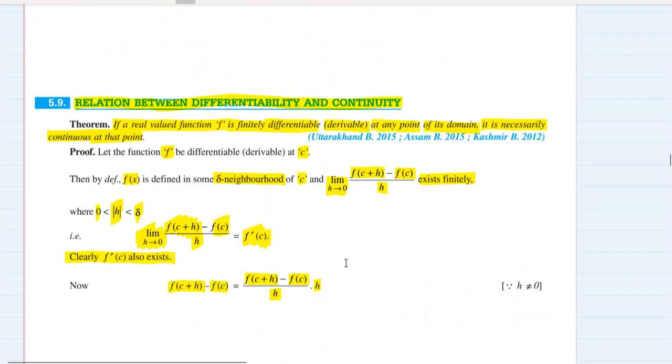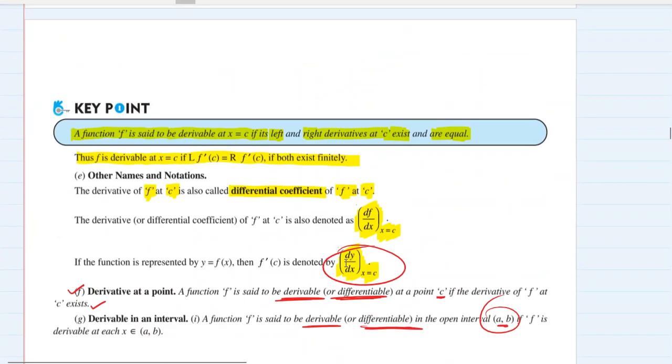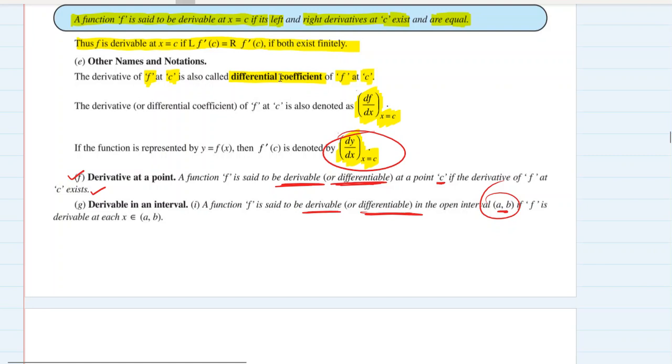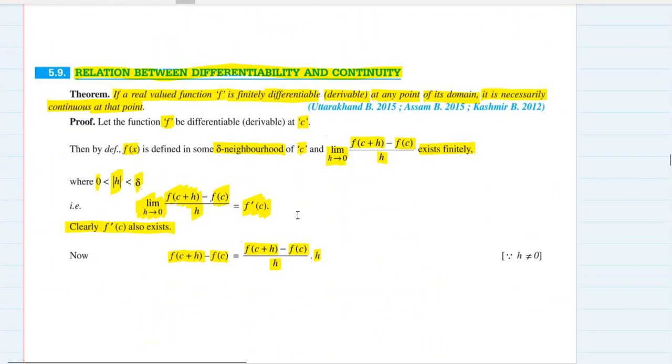That's what it was, right? What did they call it? Differential coefficient. We had to find the differential coefficient of a function at a point C, and for finding it we had this formula.